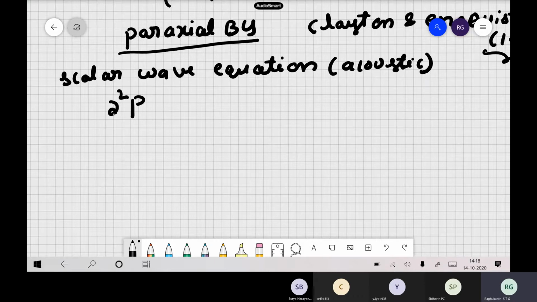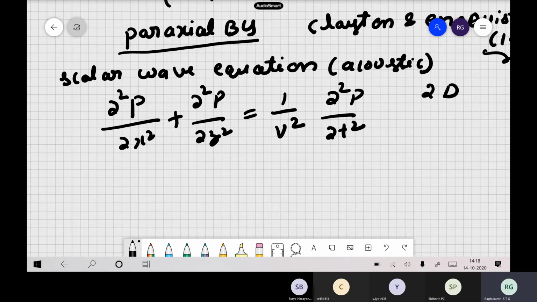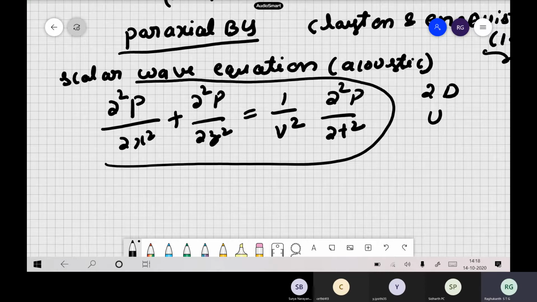So dou square p by dou x square plus dou square p by dou z square, in 2 dimensions, is equal to minus v square, where v is the velocity, dou square p by dou t square. This equation is the same as our wave equation; instead of p you write ux, or the potentials phi and psi, and you will get the same equation. So let us say this is my wave equation.